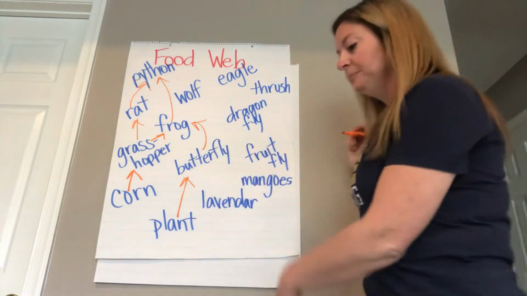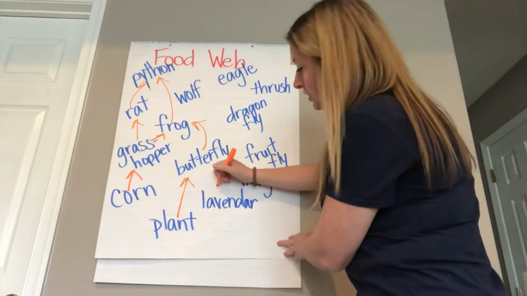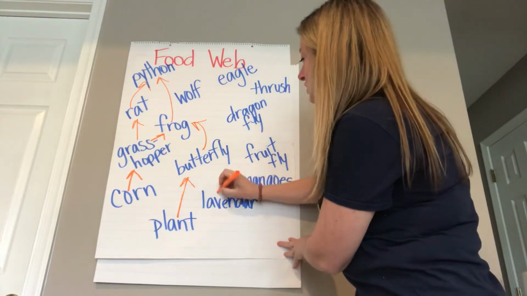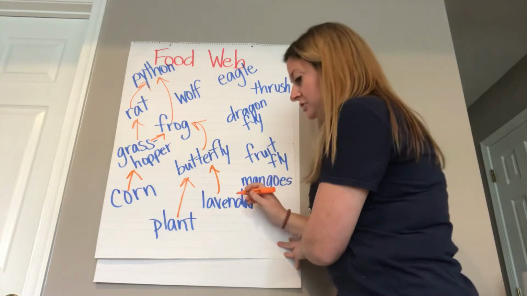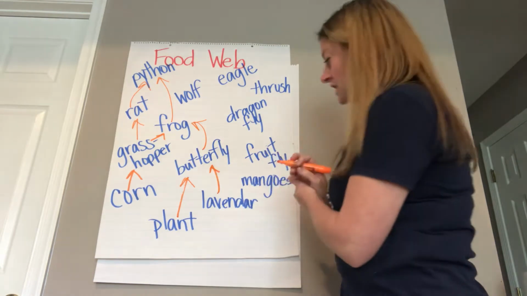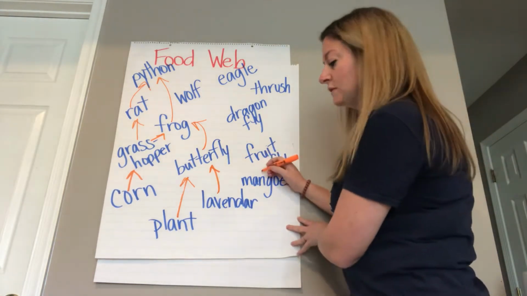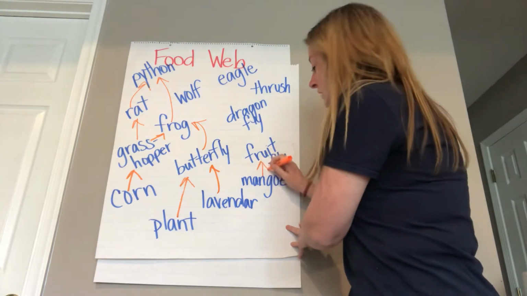So let's keep going. Let's come back down to the bottom with the lavender. The lavender could give energy to the butterfly. Then we'll switch over to the mangoes. The mango gives energy to the fruit fly.